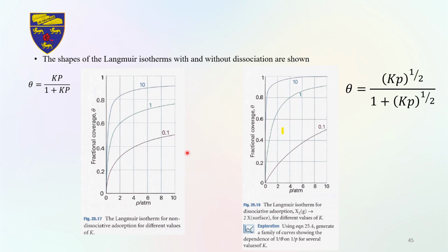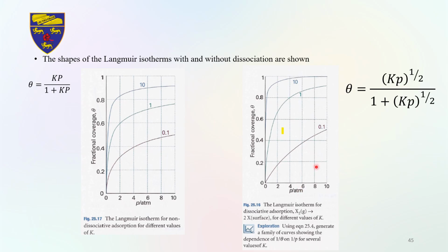This slide shows the differences between the standard case, which is without dissociation of the molecule upon adsorption, and also the dissociative adsorption. In this graph here, it shows the non-dissociative adsorption, and this follows the standard Langmuir equation. You will notice that at low pressure, the fractional coverage theta increases quite sharply because it is proportional to the pressure.